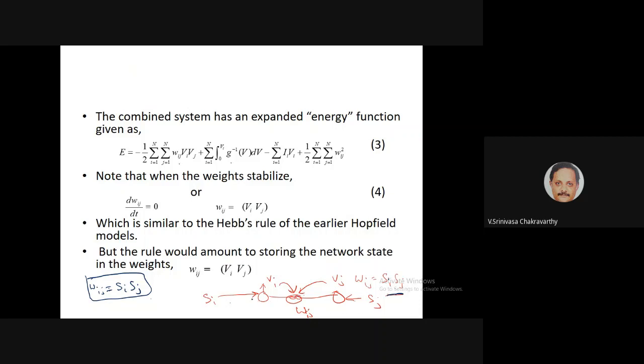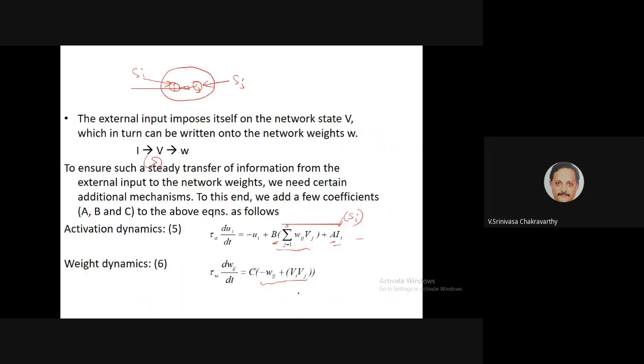Now we need to make sure that the external input will control the neural state, which is reasonable because I cannot use external input to directly access synapses and control them. My external input will produce some activations in the brain. If I'm looking at a picture, that will produce activation in visual cortex. If I'm touching something, it will produce activation in somatosensory cortex. The external stimulus will produce some brain activation. The activations in turn will have some effect on the synapses and adjust them. This is a reasonable thing to expect.